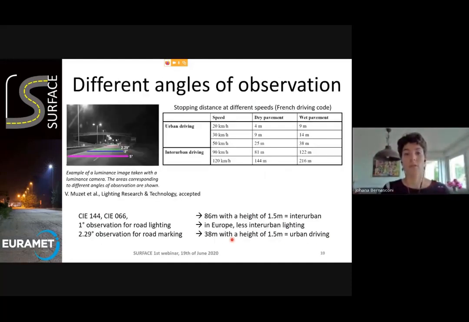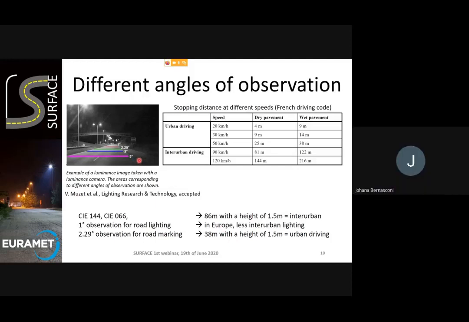So if we look a bit more into this, here on left, you have a picture, an example of different observation angles. So you see 1 degree is very far away. And if we look at what stopping distance we have according to the speed we're driving at. So this is according to the French driving code.